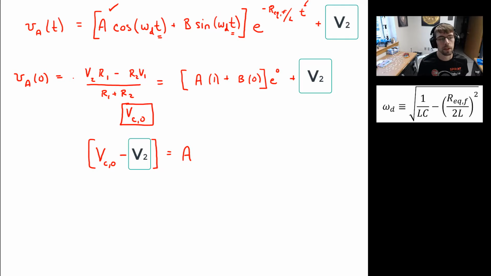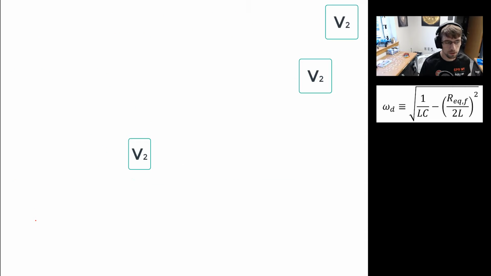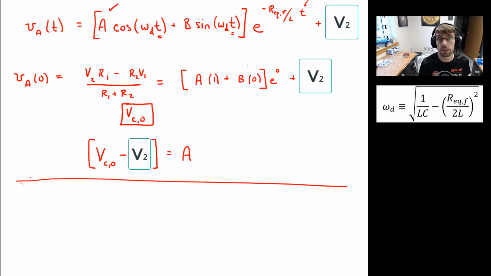Okay, so let's go at it. We have an initial condition dealing with the current in the inductor. Okay. So let's go ahead and think about our circuit, our final circuit, and the initial condition on the inductor.